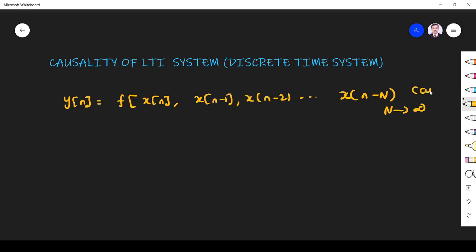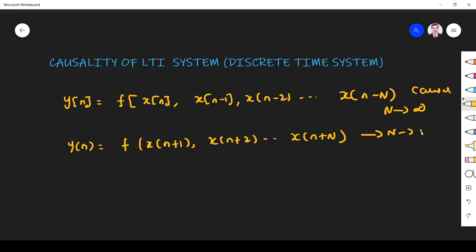Here the present output y of n depends on the present input x of n or past inputs x of n minus 1, n minus 2 up to n minus infinity. The system is non-causal if present output y of n is a function of future input like x of n plus 1, x of n plus 2 up to x of n plus n, where n tends to infinity. So this is a non-causal system.